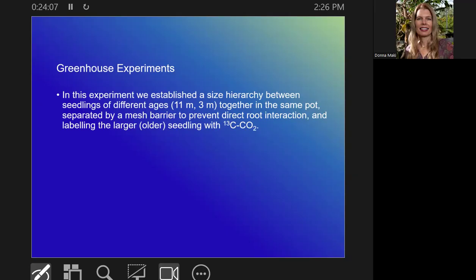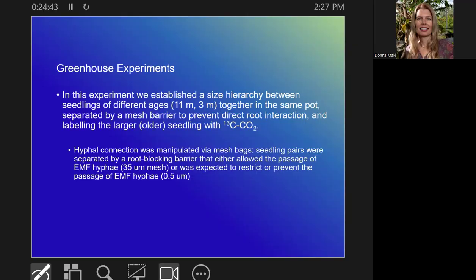They had them growing in the same pot, separated by a mesh barrier, two different kinds: some with larger pore sizes and another with smaller. Then they exposed the older tree to radioactive carbon. And of course, that gets turned into sugar that can then potentially get transferred somewhere.